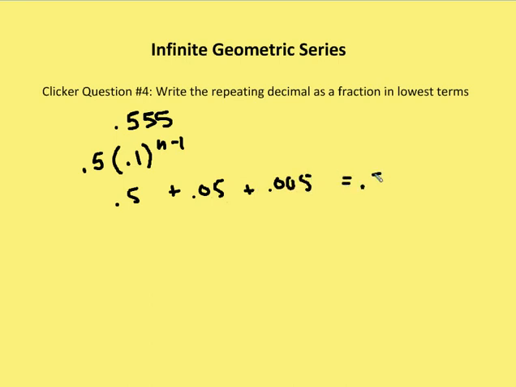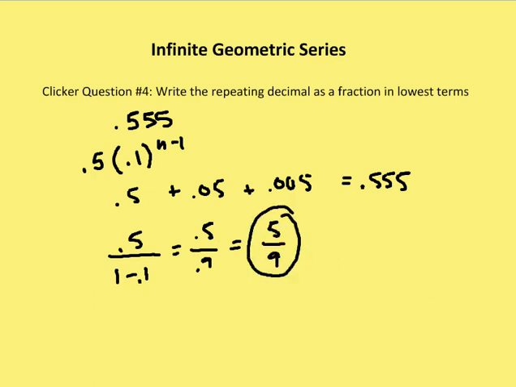And so this approximates the repeating decimal of 0.555. So my a sub 1 value is going to be 0.5, my r value is 0.1, and I end up with 0.5 over 0.9, or 5 over 9 as my answer.